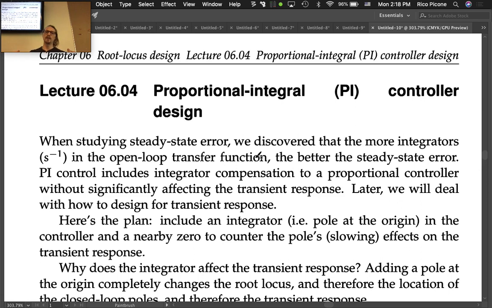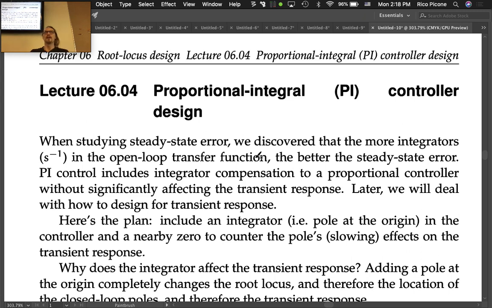So, PI control includes integrator compensation to a proportional controller without significantly affecting the transient response. Okay? Later, we will deal with how to design for transient response. So if you don't want to affect the transient response, you want to leave the root locus alone for the most part, but you want to include an integrator in there, so you're going to certainly change the root locus.